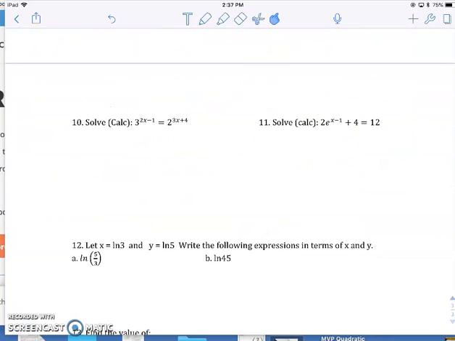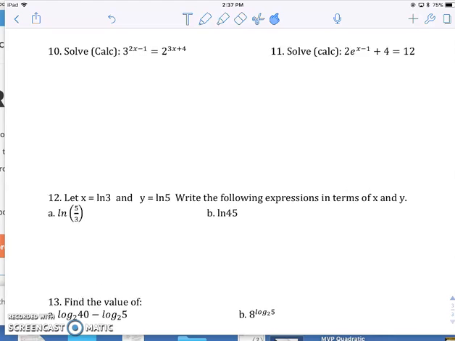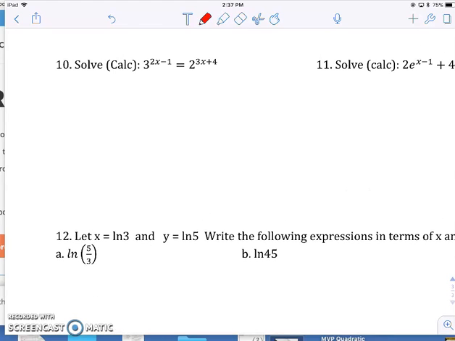So on the back page, these are calculator ones. So solving with logs. Again, when there's x's on both sides, we log each side. And then we bring it out in front.